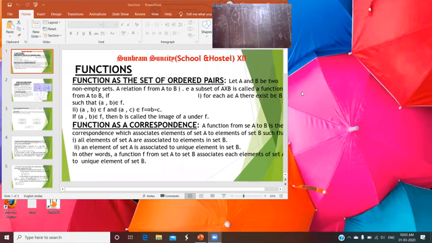Means what? There is no element left in set A which is not related to an element of set B. Otherwise, it is not said to be a function.